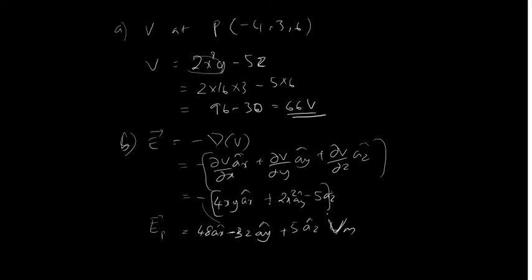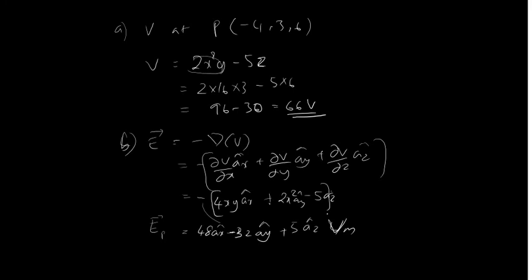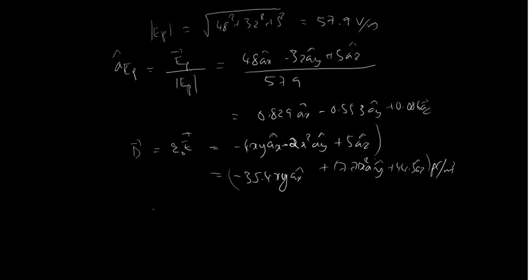Now the last question is to find the value of rho v. So we have to apply Maxwell's first equation. What is Maxwell's first equation? Rho v is equal to del dot D, which is nothing but dou Dx by dou x plus dou Dy by dou y plus dou Dz by dou z.